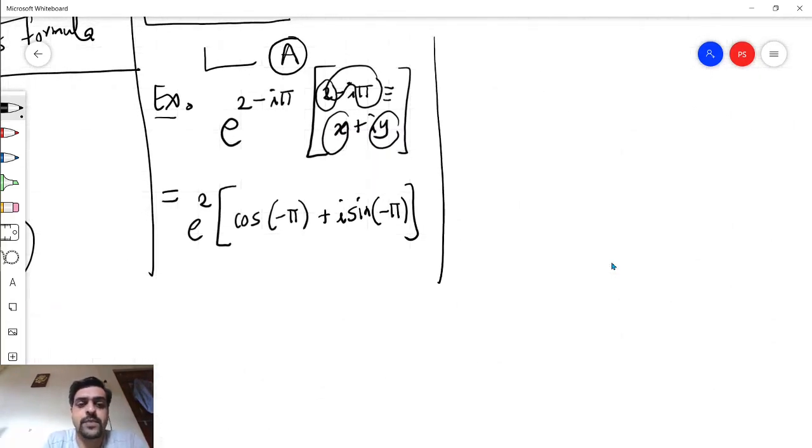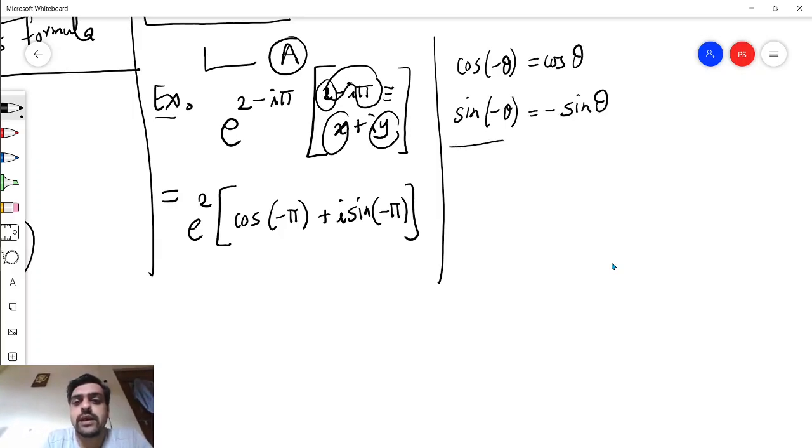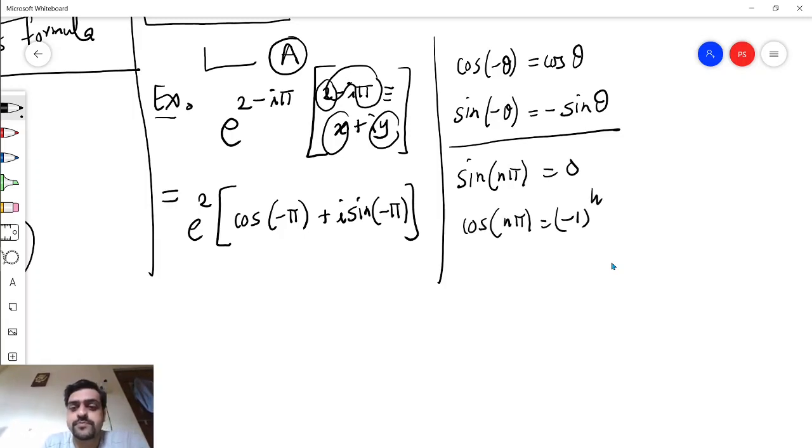Now we know that cos of minus theta is same as cos theta, and sin of minus theta is minus sin theta. Anyway, sin of n pi is 0 and cos of n pi is minus 1 raised to n.